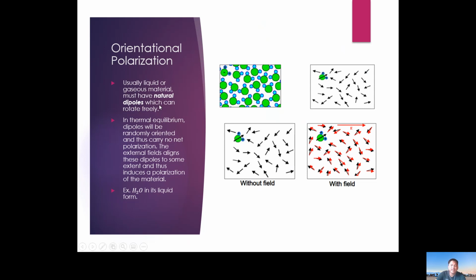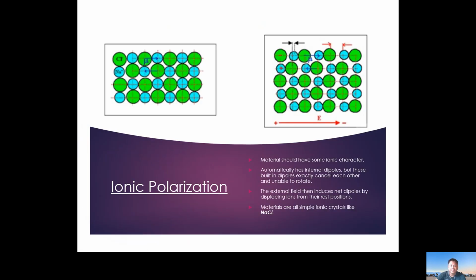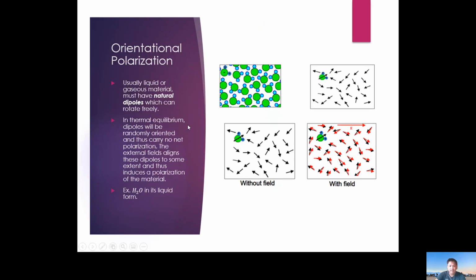This is the characteristic of liquid and gaseous dielectric materials, because they can rotate freely. If it is solid, this can never happen, because in solid materials the atoms cannot rotate freely, because they are firm and close to each other.